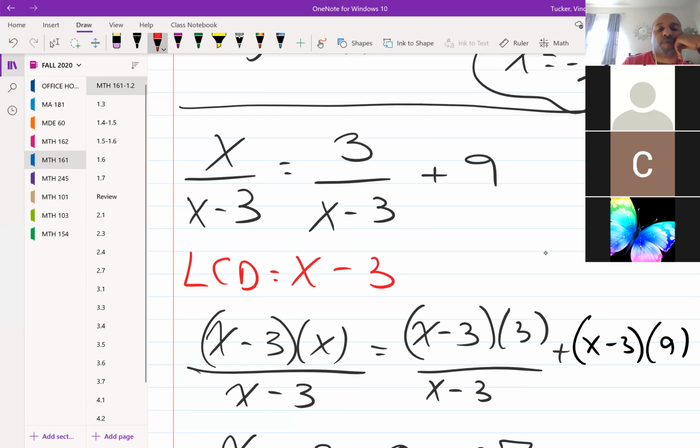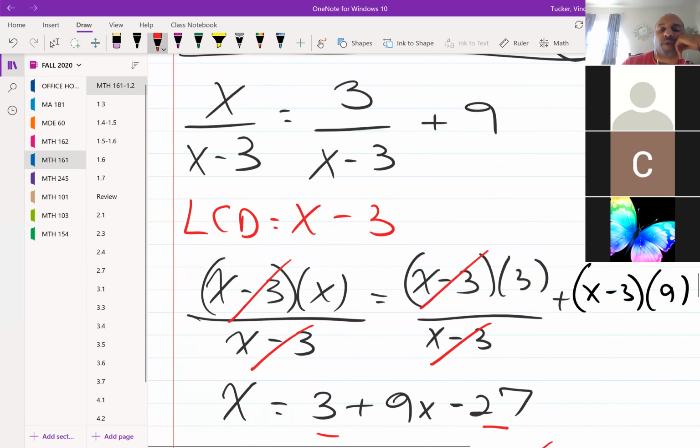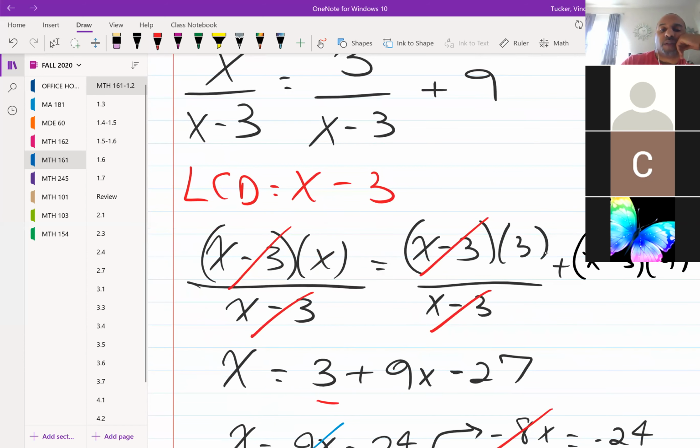So the next move is to cancel out the x minus 3, quantity of x minus 3. And then what you are left with is just x on the left, 3, and then here we'll distribute 9. So it'll be 9x minus 27.